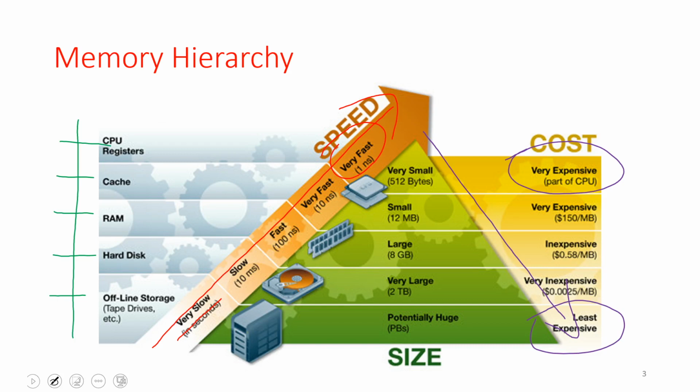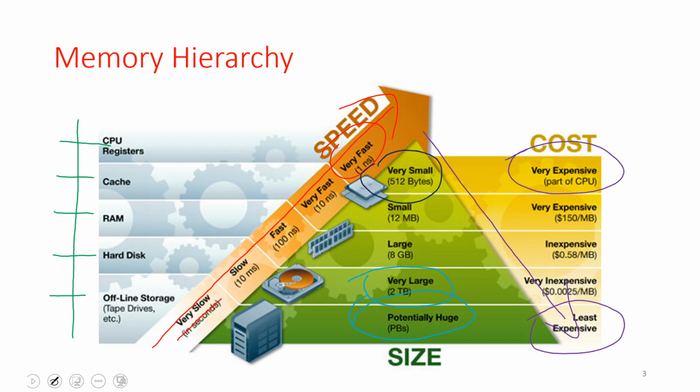With this in mind, in a computing system, depending on the type of memories, because the slower ones are much less expensive, we can have a large amount of them. They are inexpensive, but they are slower, so we can have a large number of them. But if we think about the faster type of memories, because they are much more expensive, we may not be able to have a lot of them in our computer system.